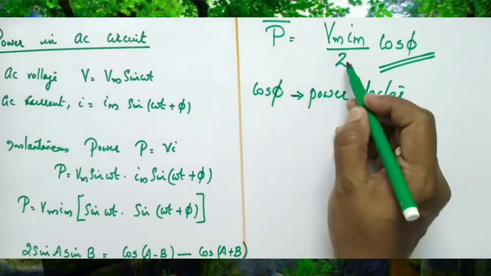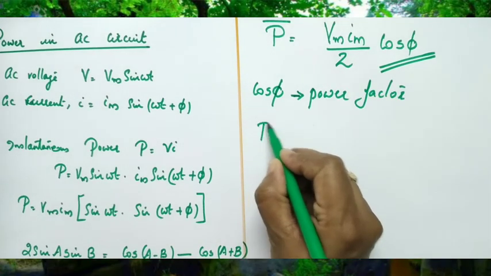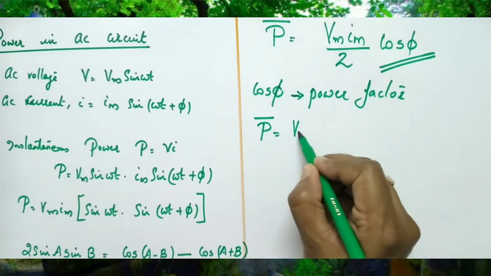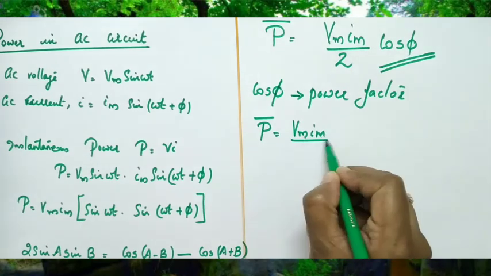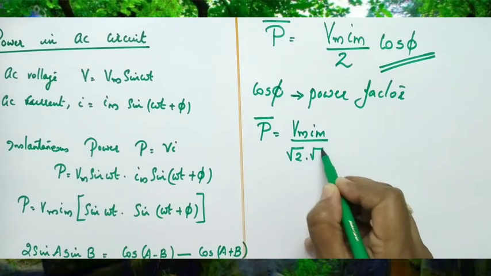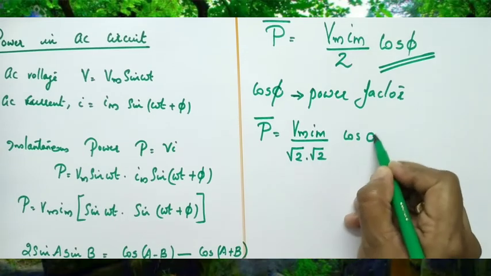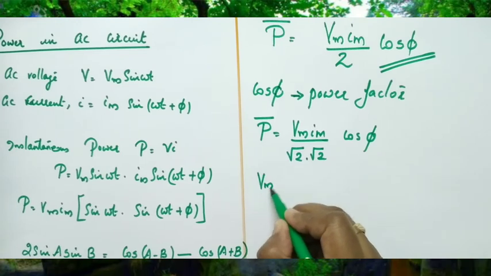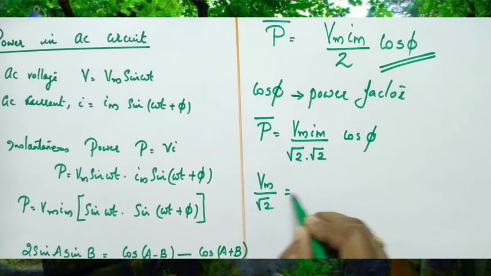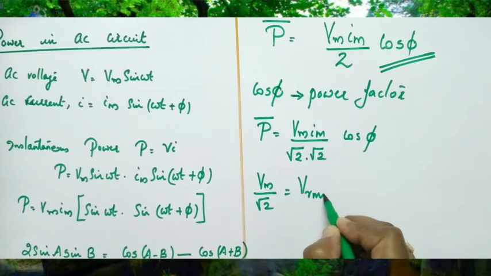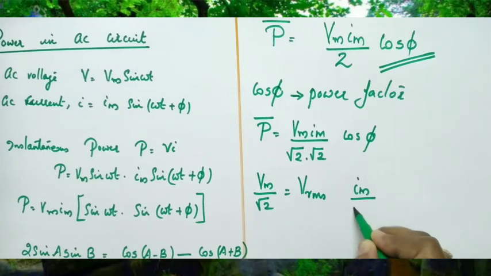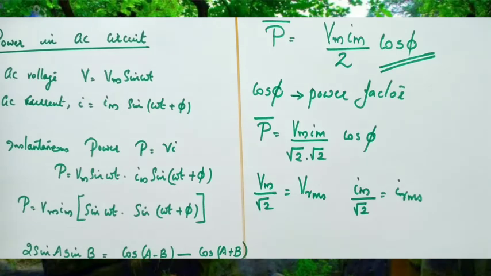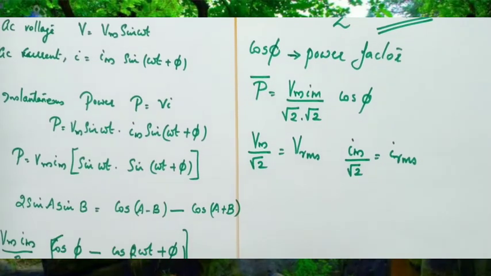Clear? And this formula can also be written as Vm Im divided by root 2 into root 2 into cos phi. We know Vm divided by root 2 is equal to Vrms. Similarly, Im divided by root 2 equals Irms, the RMS value of current and RMS value of voltage.